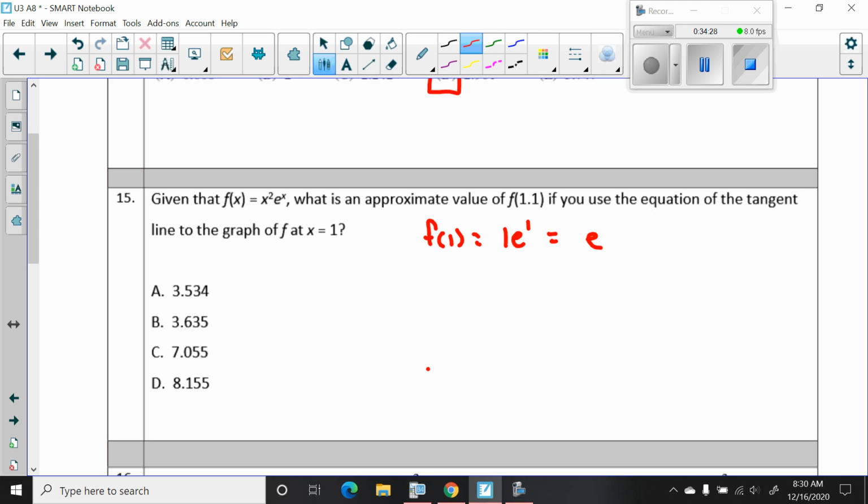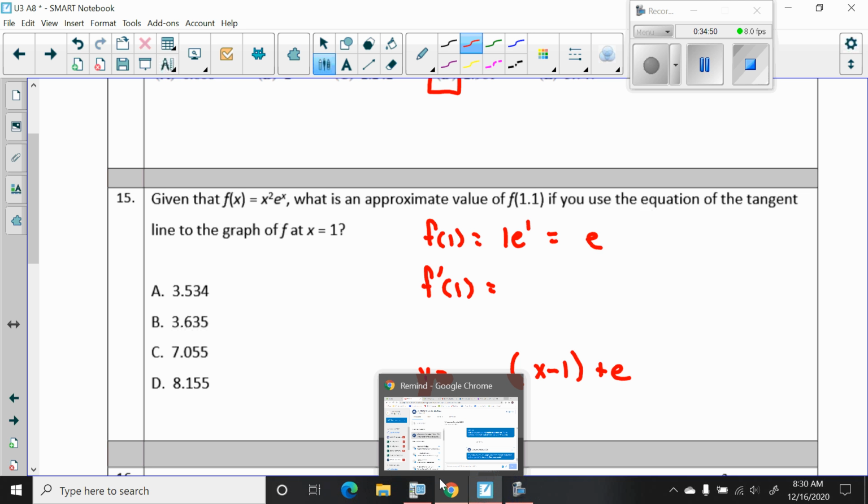So we know in our tangent line, we're just going to have y equals x minus 1 plus e, which we're going to put as the decimal. And what we need is the slope, so we need the f prime of 1. And we're going to put that in the calculator. So x squared e to the x. This time when I do nDeriv, I'm not going to do the y1.